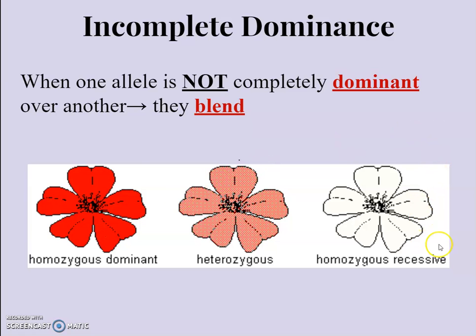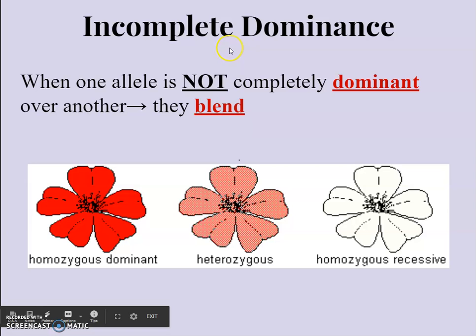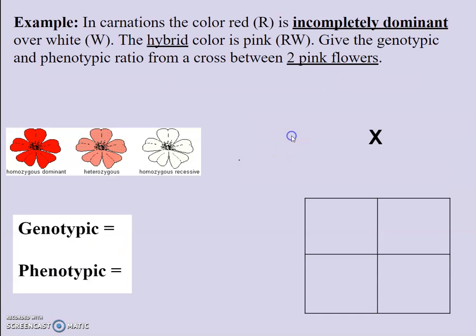We have a homozygous recessive flower over here that would have 2 lowercase letters, which makes it white. And when we have our heterozygous flower, our hybrid that has a capital and lowercase, instead of it being red, it's now going to be pink, because in incomplete dominance those 2 colors mix together to create pink. We see this a lot in flowers.